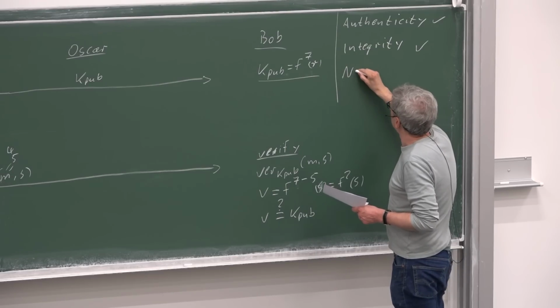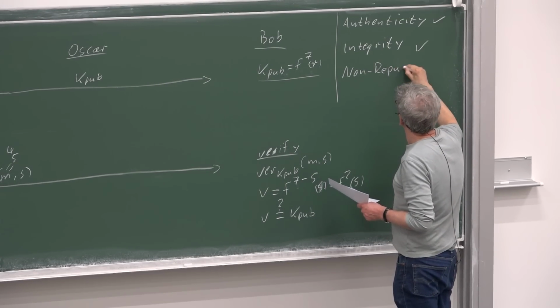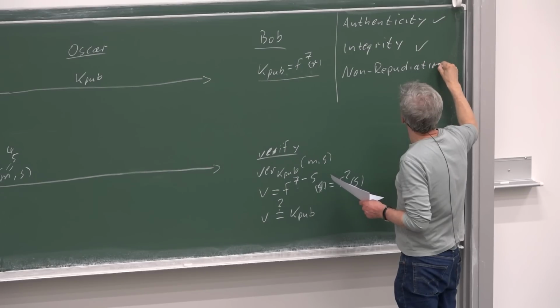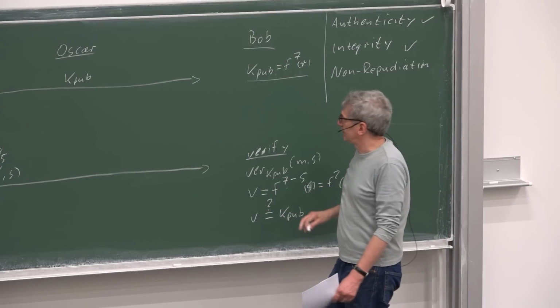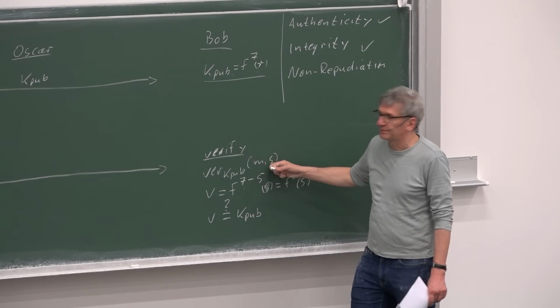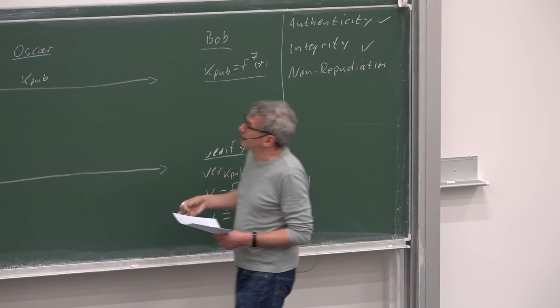And non-repudiation. Meaning, later on, Alice says, oh, I never sent this pair M and S, right?